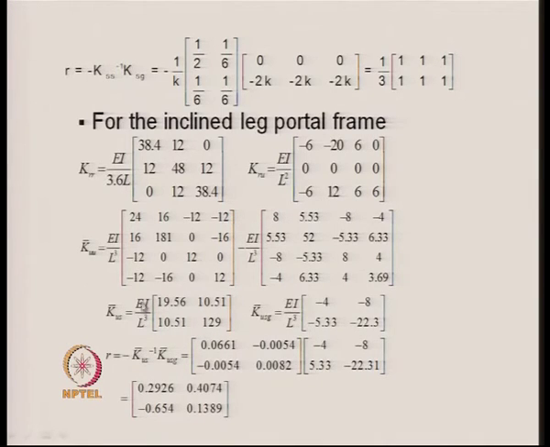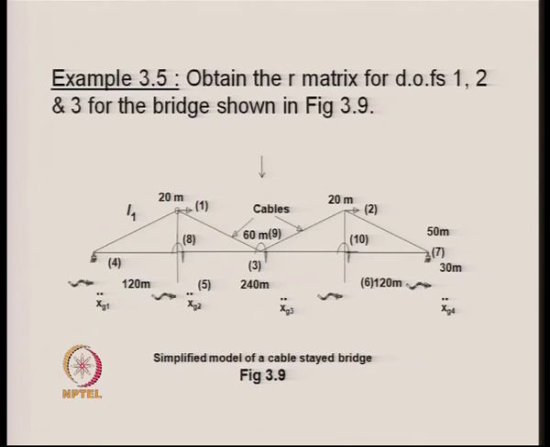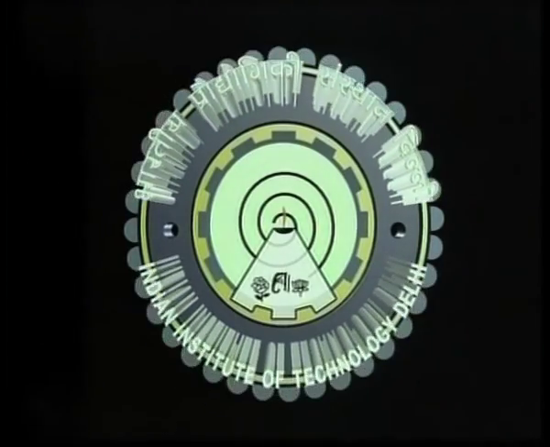Then this was partitioned into non-support degrees of freedom and support degrees of freedom. This is the stiffness matrix corresponding to the non-support degrees of freedom, and this is the coupling matrix between the support and non-support degrees of freedom. Then we obtain the R matrix in the same fashion as before. So, one can obtain the R matrix and the corresponding M matrix for different degrees of freedom.